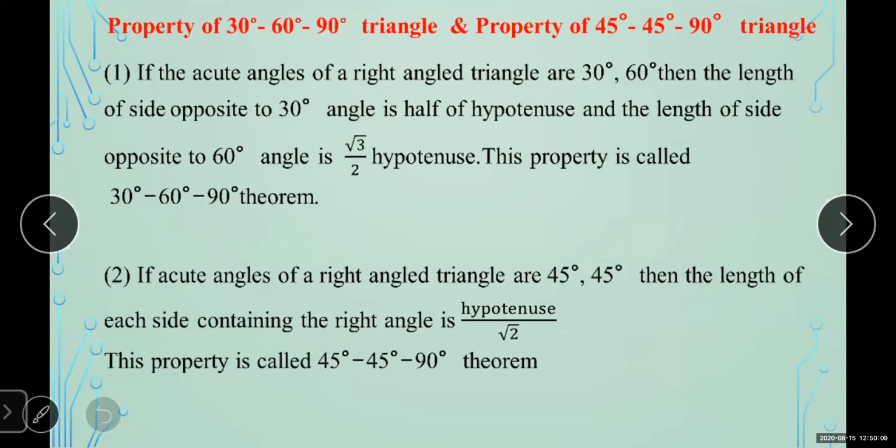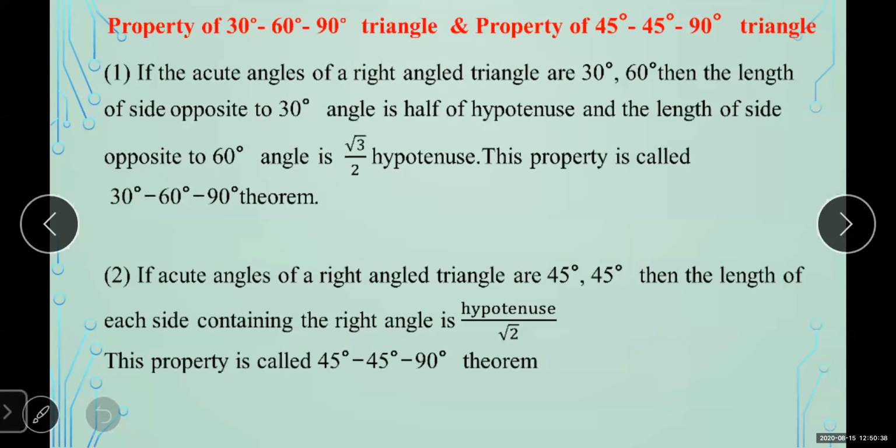Next, 45, 45, 90 degree. If the acute angles of a right angle triangle are 45 degree, 45 degree, then the length of each side containing the right angle is hypotenuse by root 2. Means in a right angle triangle, one angle is 90 degree and the remaining two are 45 and 45, both the same.